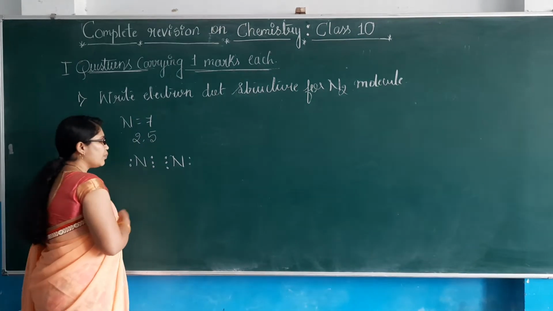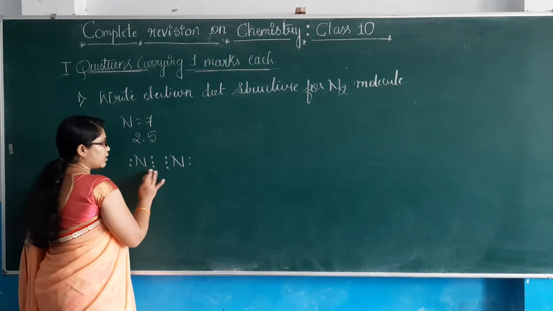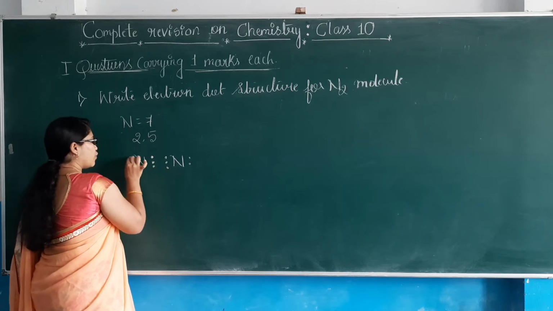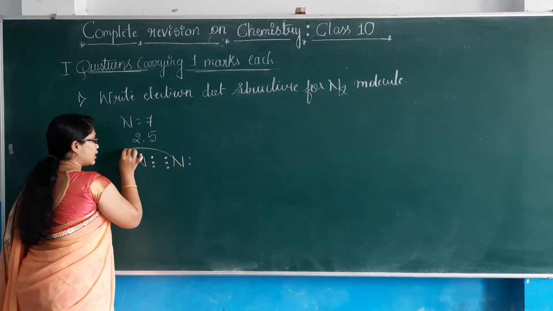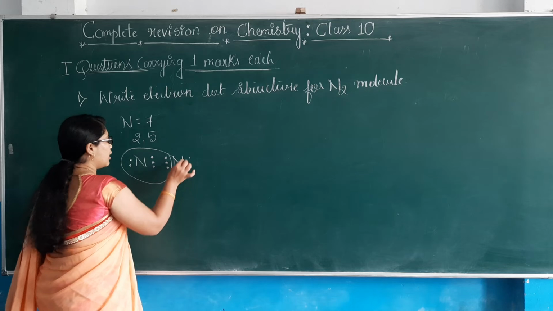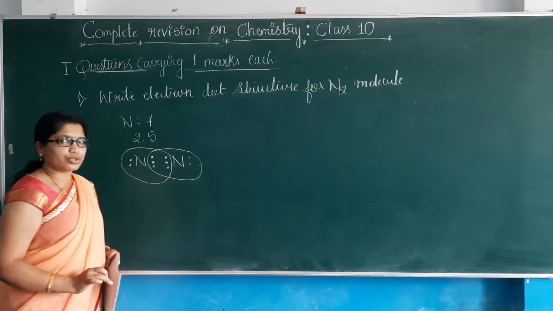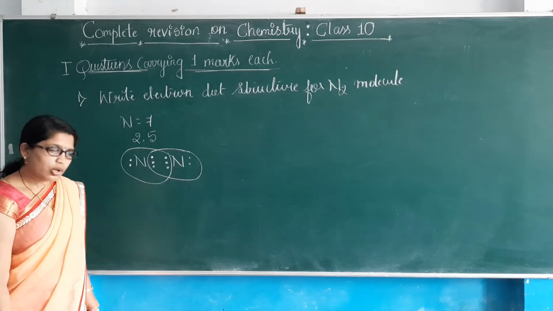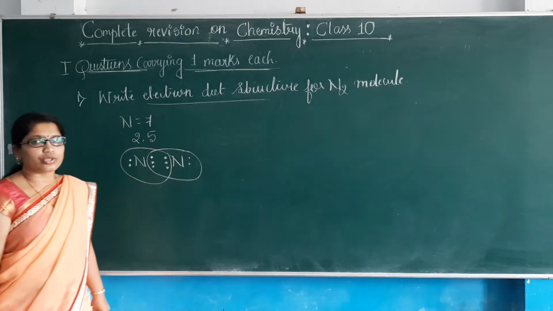So I will be considering these shared electrons for one of the atoms, giving electrons 1, 2, 3, 4, 5, 6, 7 and 8. In the sense, we will be considering all these electrons of both the nitrogen atoms. Similarly, for the second nitrogen atom, I will be considering the electrons of this nitrogen also. So this is how we have written the electron dot structure for the nitrogen molecule.